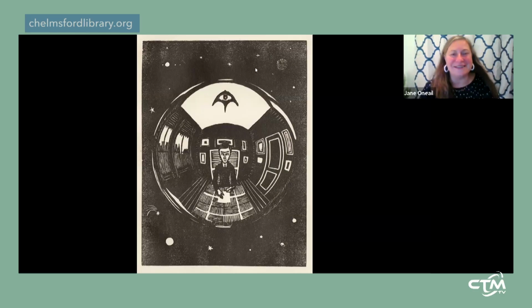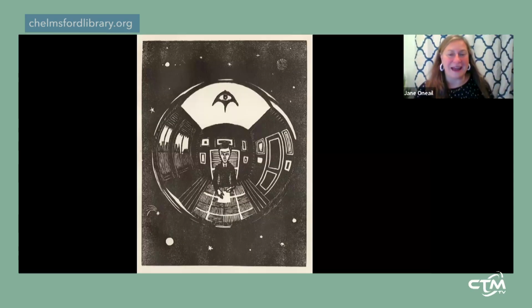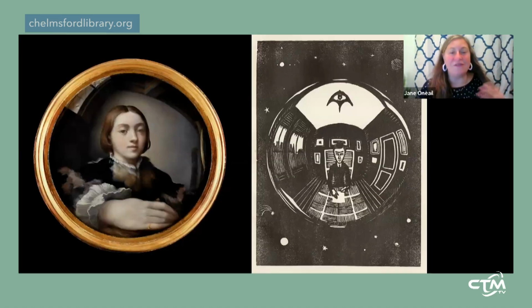And then what I think is so interesting is that he puts this sphere against a black backdrop and he populates it with like planets and stars and shooting stars. So it's as though this sphere that we see him occupying is just another planet out there in the void, out there in the cosmos. It's a suggestion of like this wild ride that he has all by himself here on planet Earth. It is, of course, a reference to the famous self-portrait in a convex mirror.